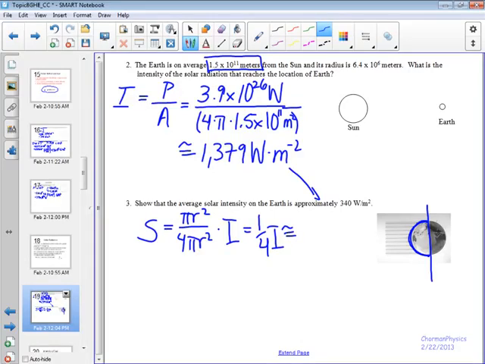So it's approximately 345 watts per meter squared. This is what we call the solar constant. And this is close enough, the 340 there. So that's the idea. That's what we're getting, you know, per day, on the surface of the Earth from the sun.